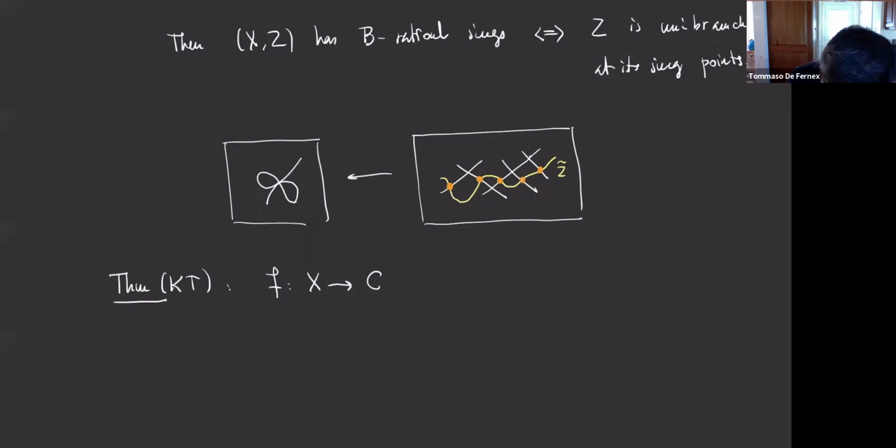Let me just assume this. Suppose that this is a family of proper or projective varieties, or a smooth curve.